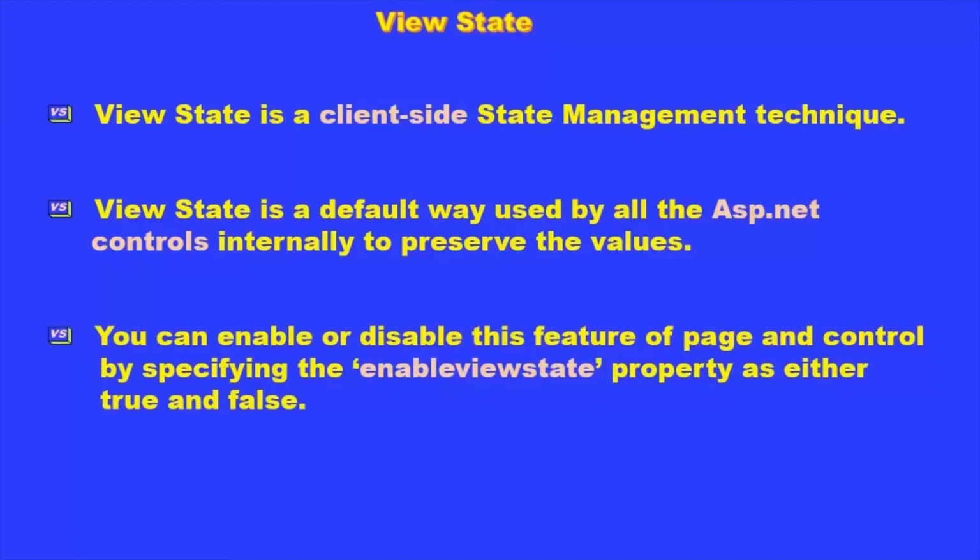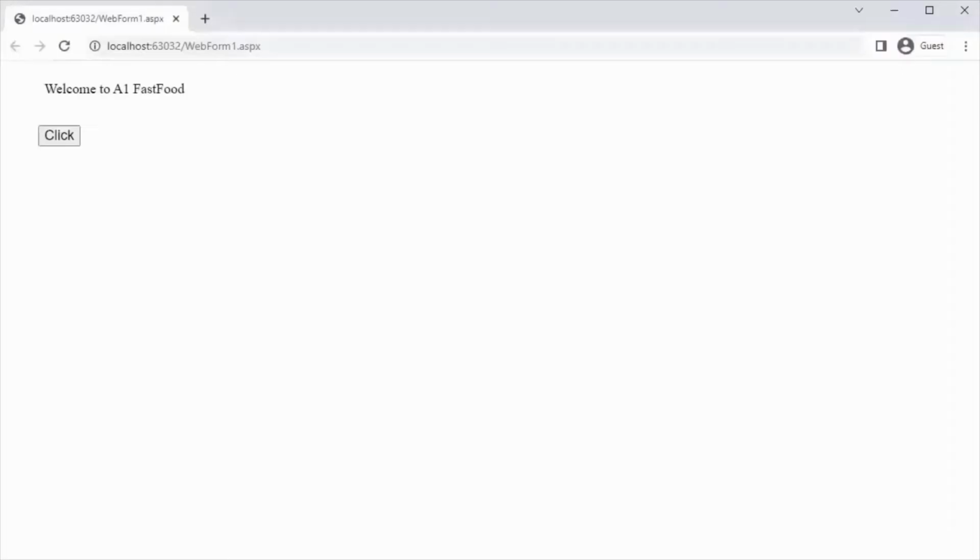You can enable or disable this feature of page and control by specifying the EnableViewState property as either true or false. If we click on this button, then result must be blank.